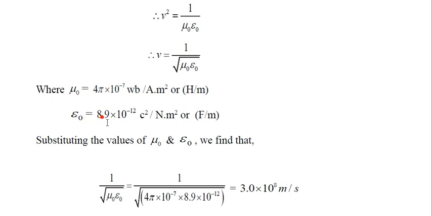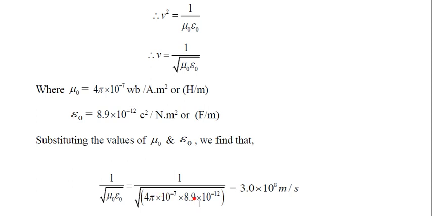Mu naught and epsilon naught are both constant values. Permeability of the free space is equal to 4 pi into 10 raised to minus 7 Henry per meter, and epsilon naught, permittivity of the free space, is equal to 8.9 into 10 raised to minus 12 Farad per meter.